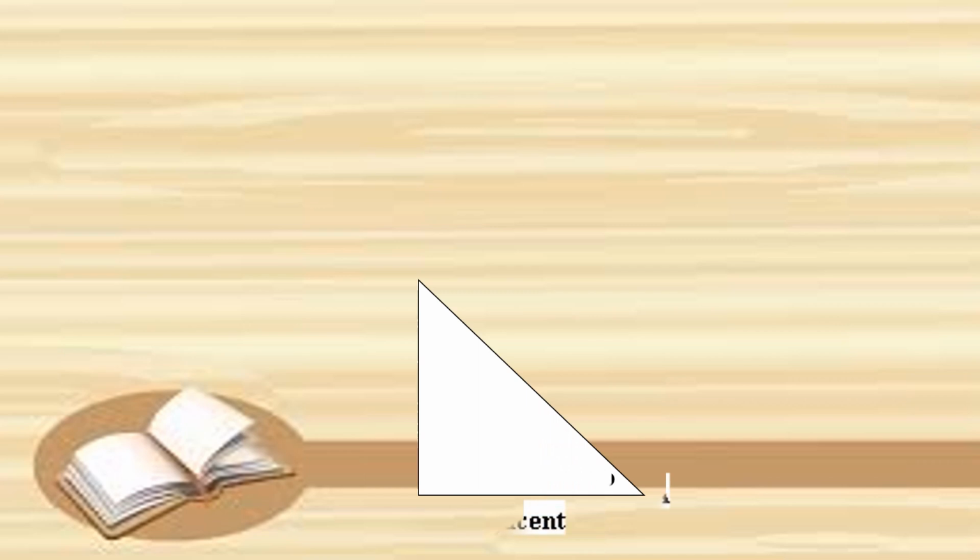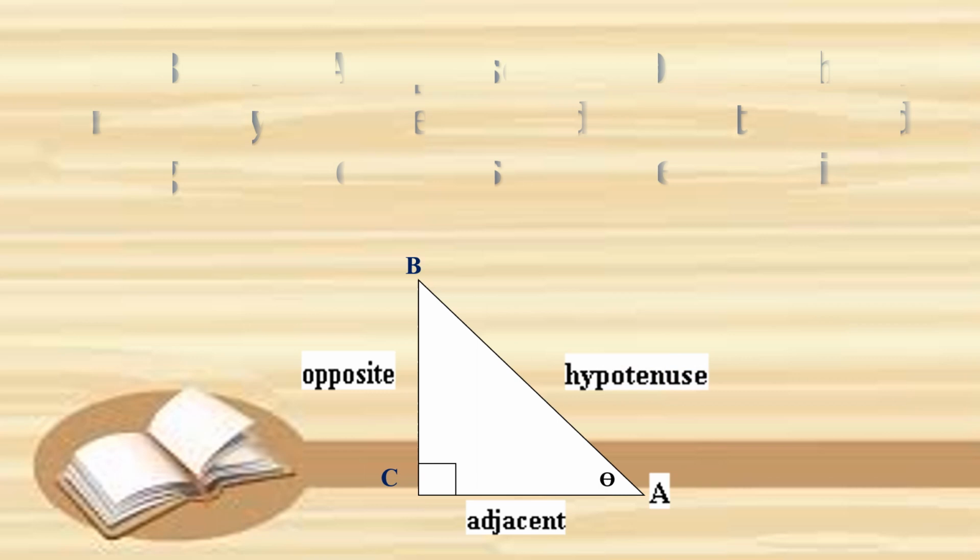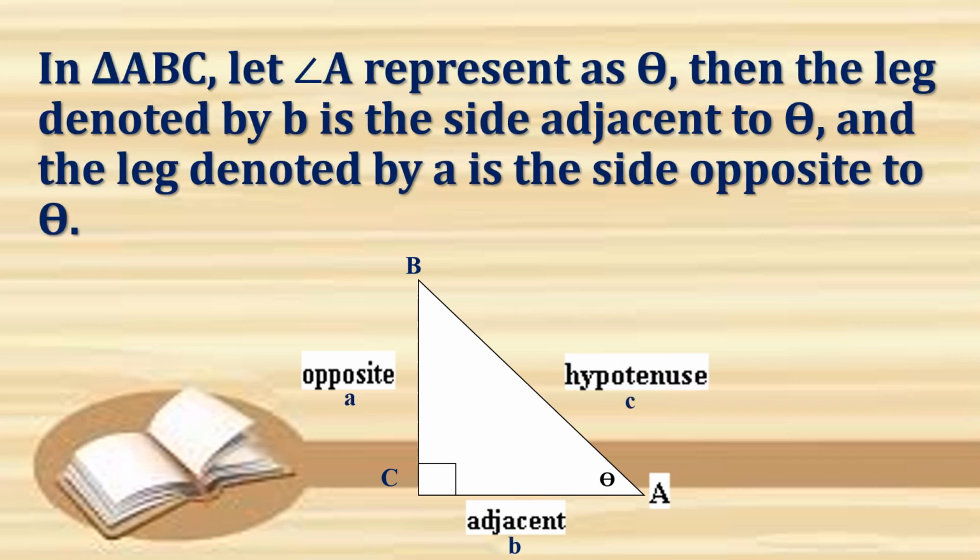For you to better understand the basics of trigonometric ratios, let us illustrate that in our example. I have here a right triangle ABC. In triangle ABC, let angle A represent theta. Then, the leg denoted by B is the side adjacent to theta, and the leg denoted by A is the side opposite to theta.